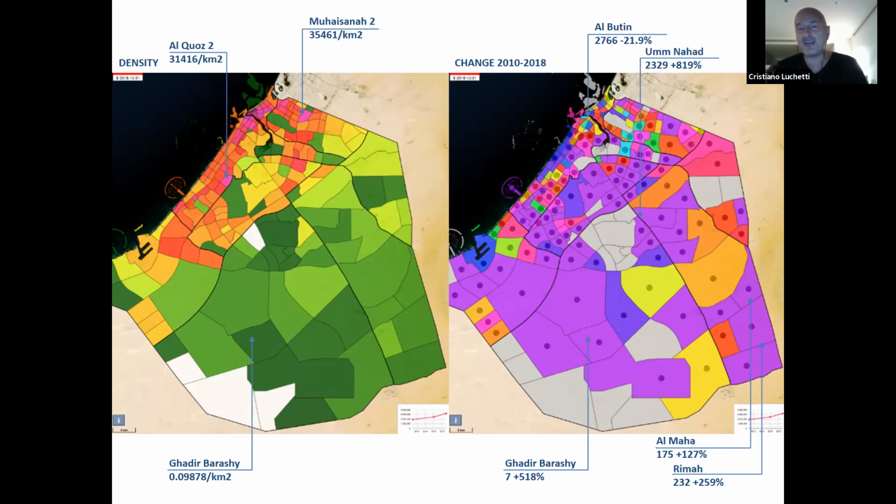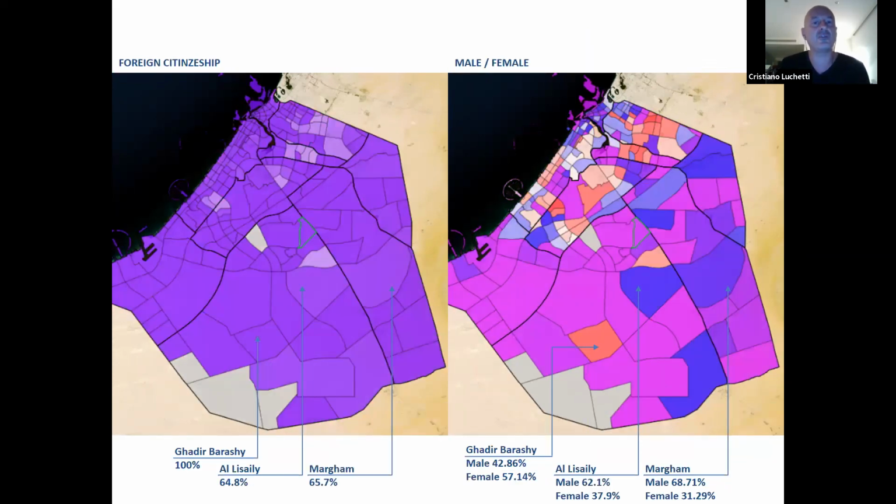And there are some other areas like this, and this is a trend. Some people here are also moving out to the desert, although much slower than in Europe. The other condition that we need to keep in mind is foreign citizenship. In certain areas, especially in the desert, it sometimes reaches 100% foreign citizenship.